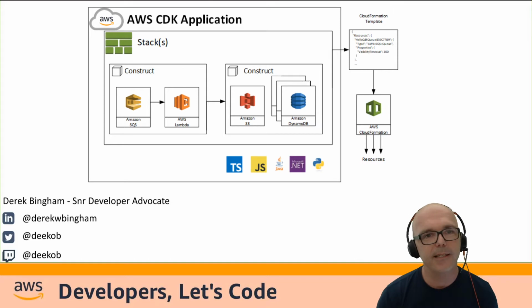A construct is a combination of services that go together to do a thing. So it's a nice way of abstracting out our applications, and that's what the CDK is. Once we've defined our application using stacks and constructs, we can then generate the necessary CloudFormation script that we then use to provision our backend environment. So that's the CDK, a little bit of background about it.